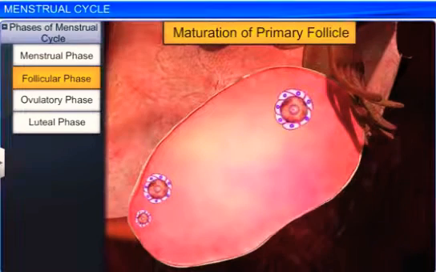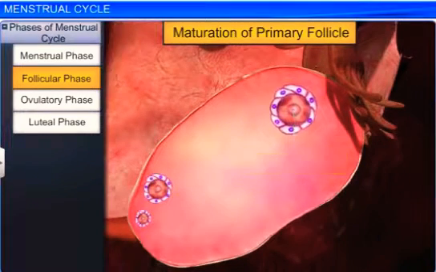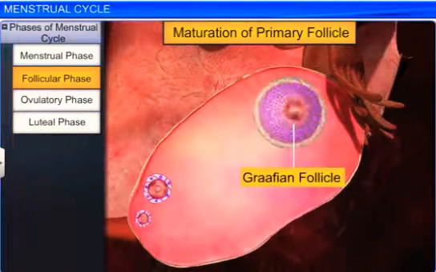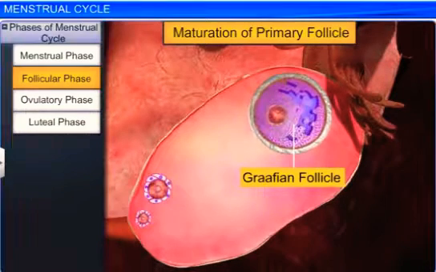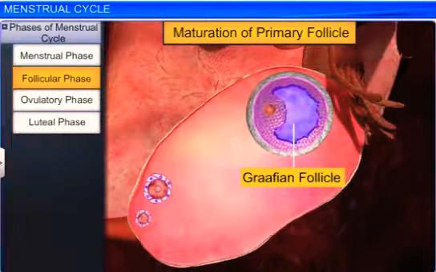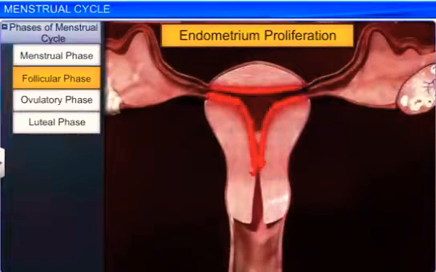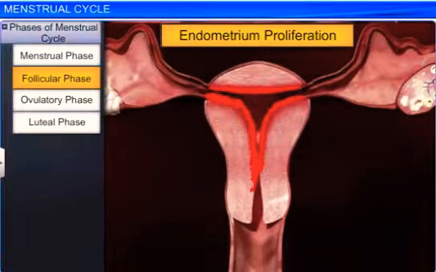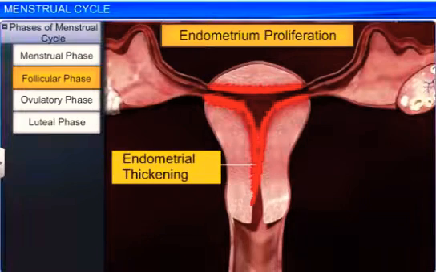During this phase, the primary follicle in the ovary matures into a Graafian follicle. Simultaneously, the endometrium undergoes proliferation, a process of regeneration which results in the formation of a new, thick endometrium.